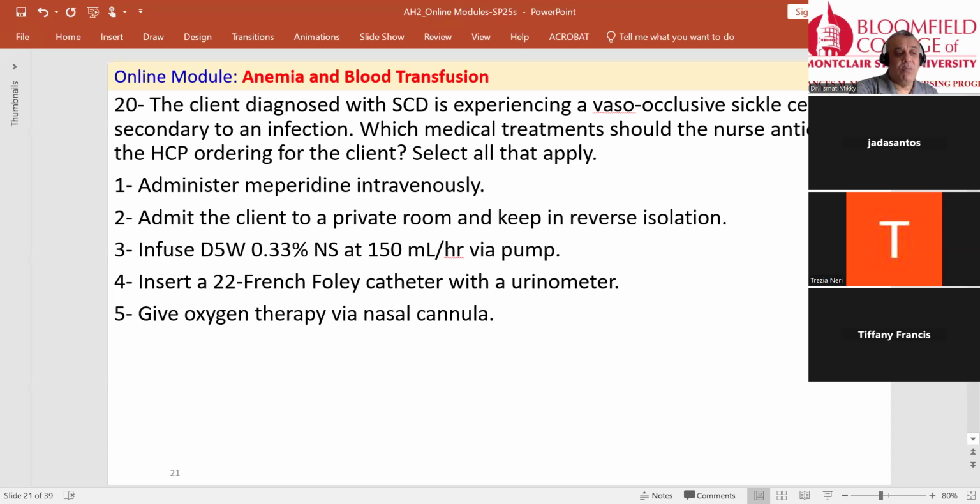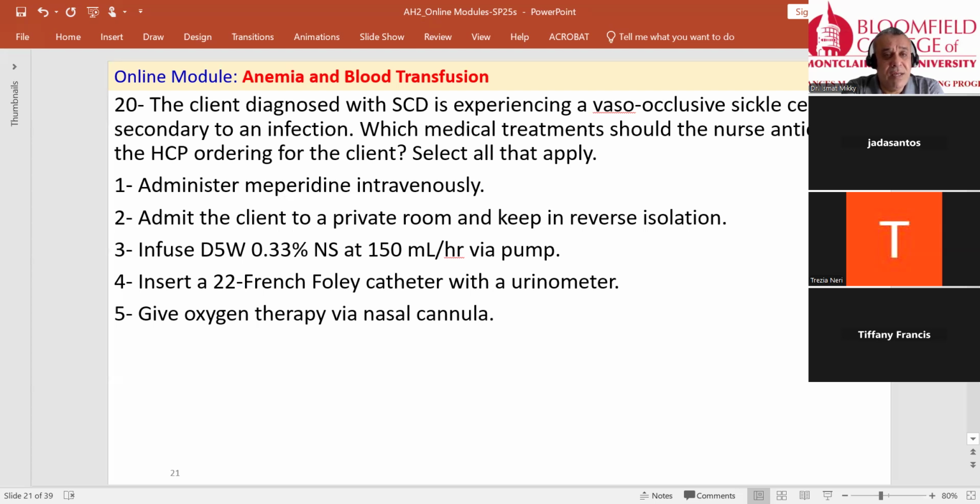Morphine is the drug of choice for sickle cell disease patients for pain management, but not meperidine. Demerol is the brand name. Why is meperidine not good? It's contraindicated here.